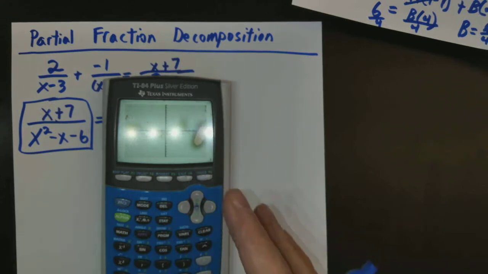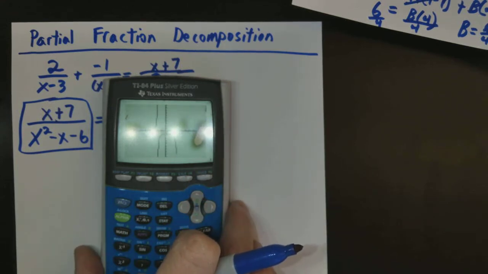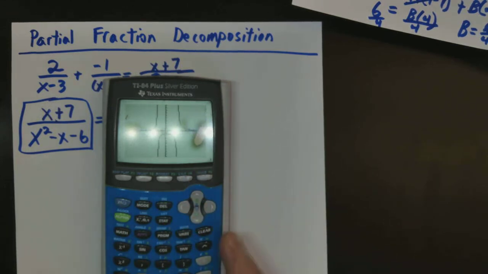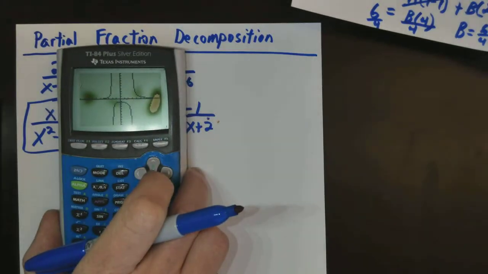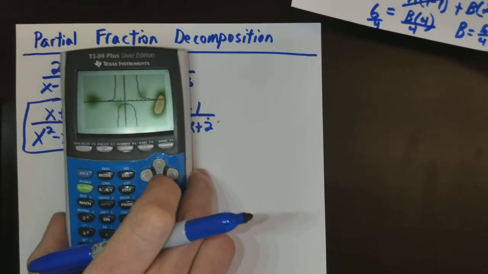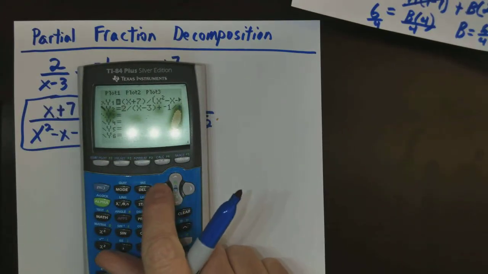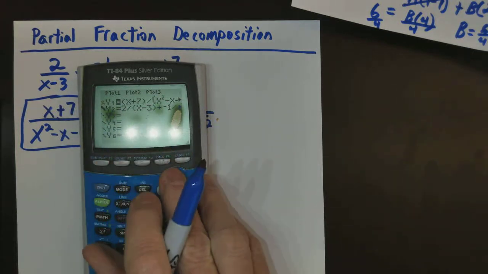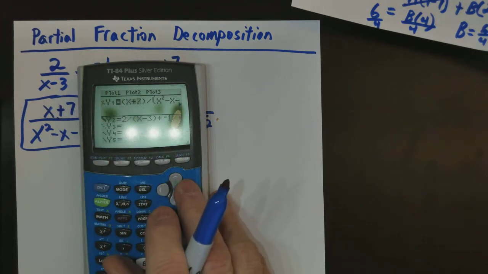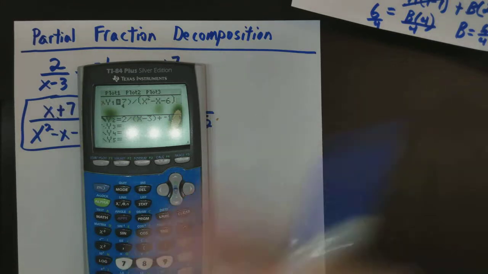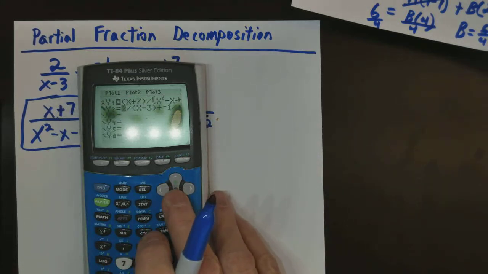Now, okay, it just wasn't in right. There we go. That looks kind of familiar with things we were graphing when we were graphing rational functions earlier, too, doesn't it? And just to show that that is equivalent to that one, I'm going to turn this one on. See, the first one I had x plus 7 over x squared minus x minus 6, and it hit a bunch of pluses for some reason. That's why it was getting that syntax error.